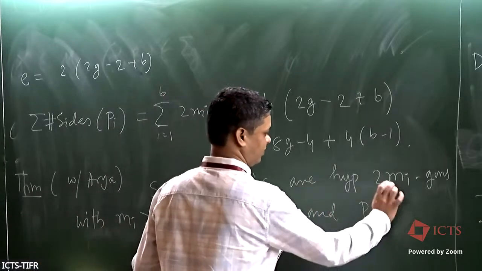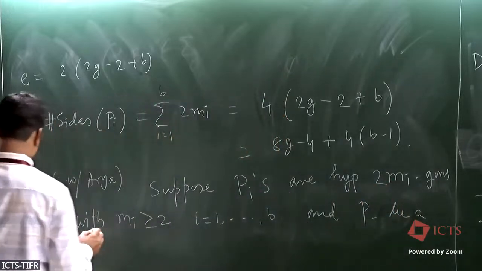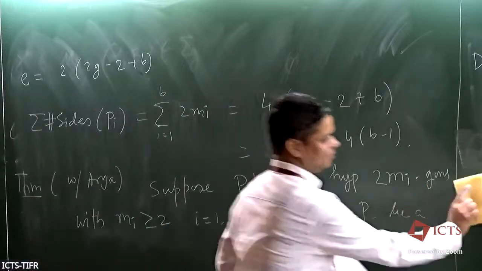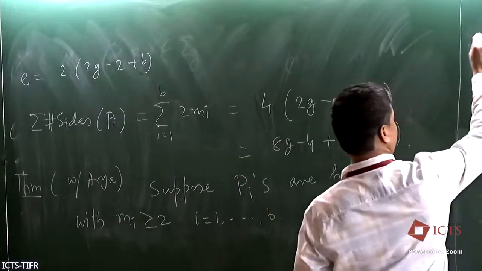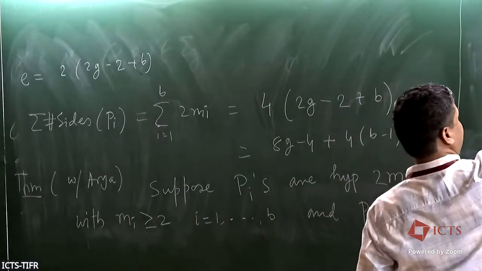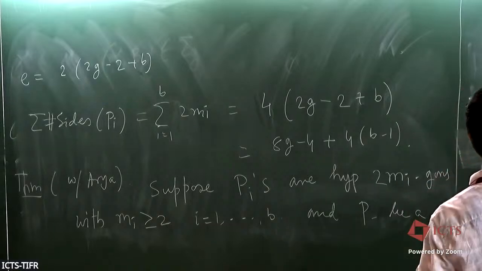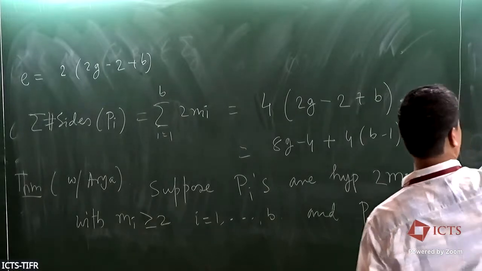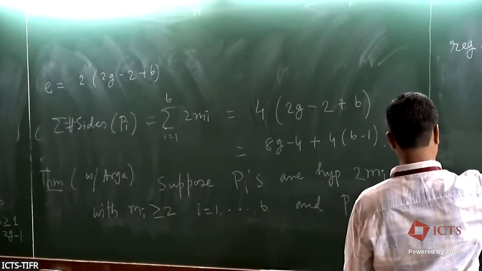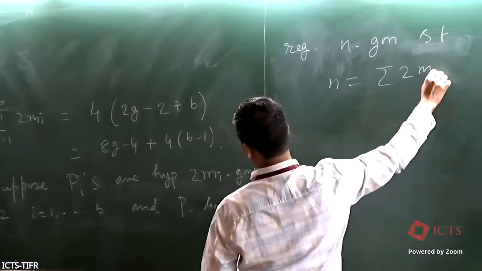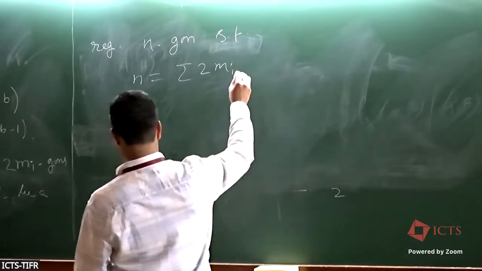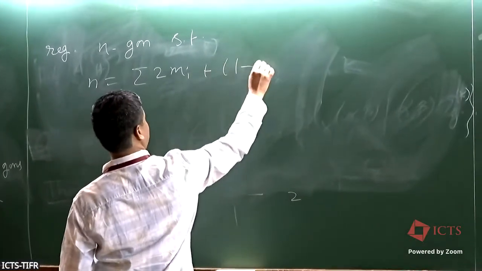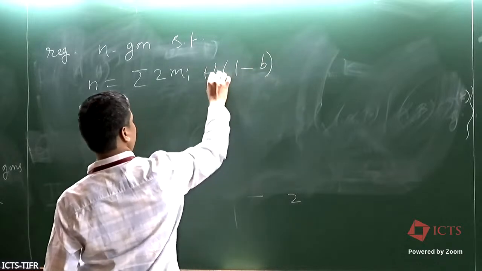P be a regular n-gon such that n equals the summation of mi plus 1 minus b times 4.